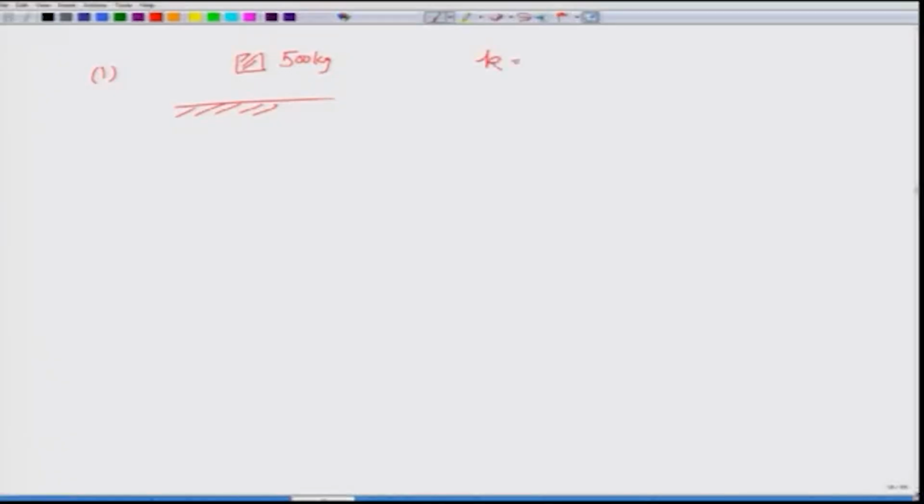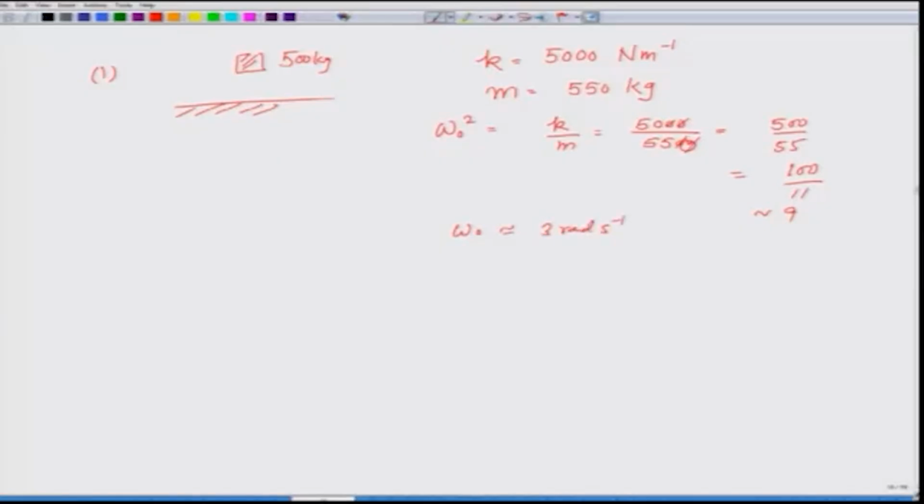What are we given? We are given K equals 5000 newtons meter inverse. The mass after the weight drops is going to be 550 kg, and therefore, omega 0 square will be equal to K over m, which is 5000 over 550, which is going to be 500 by 55 or 100 by 11, roughly 9. So, omega 0 is 3 radians per second. What about gamma?